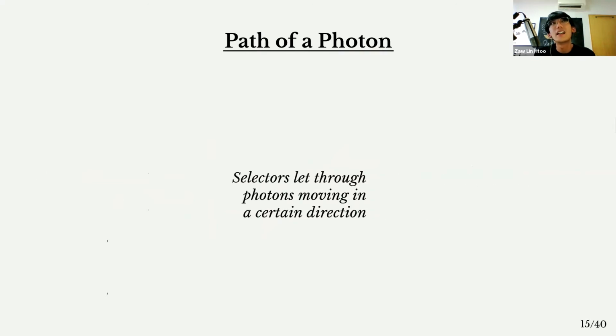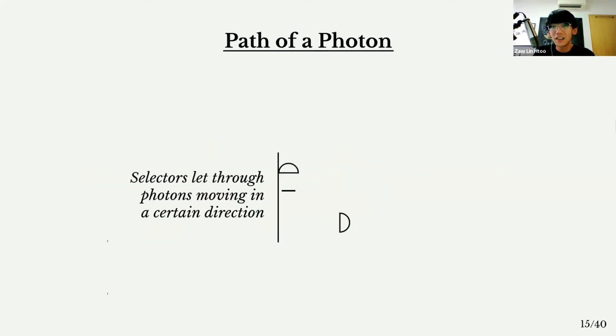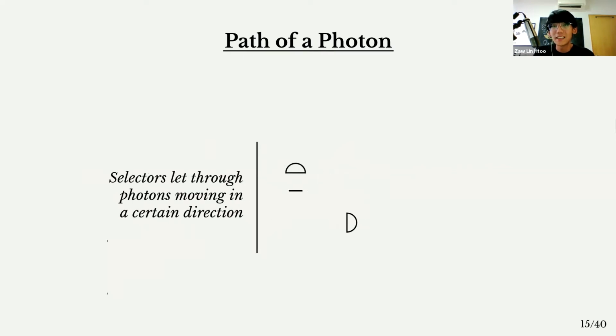Okay, and this is a bit special. If I have a path for the right moving photon and one for the upward moving photon, I can put something there, like a thick cloth or something, that blocks the light.